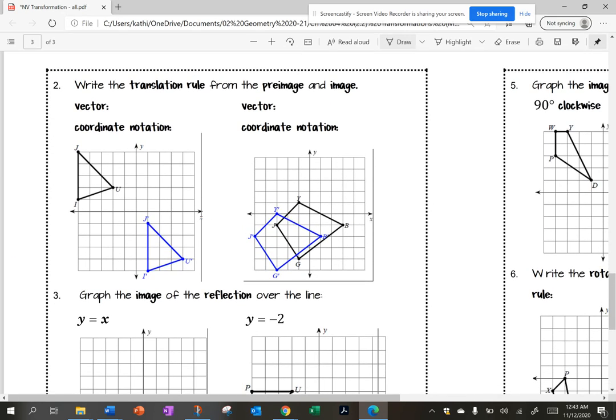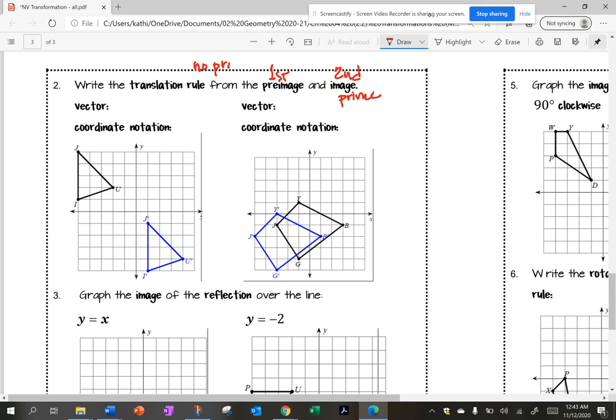Okay, this one, I want to tell me what the vector and the translation rule is from the pre-image and the image. So taking a look here, I know the pre-image is my first, and my image is my second figure, and the image has the prime, and the pre-image, there's no prime.